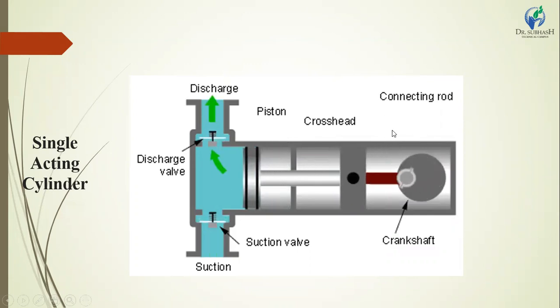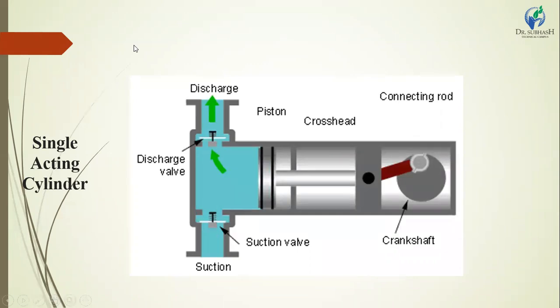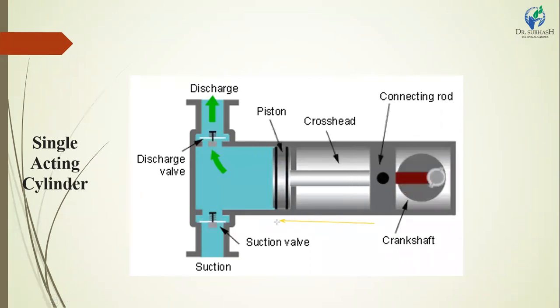In the first half revolution of the crank, the piston moves from the left side to the right side and creates a higher pressure inside the cylinder. In the other 180 degree revolution of the crank, the piston moves and creates a low pressure, so the oil or any material is sucked from the suction and enters into the cylinder.